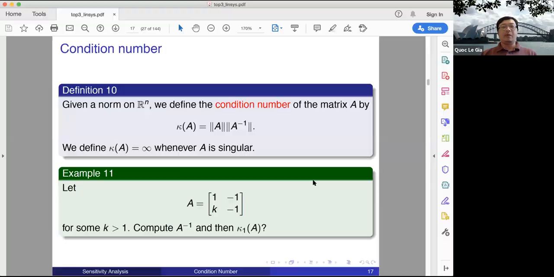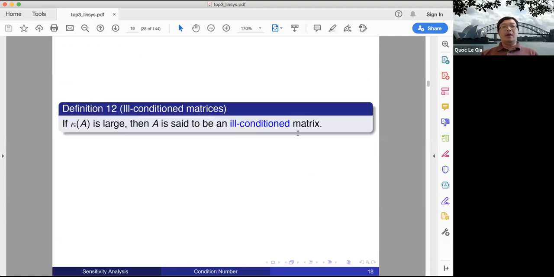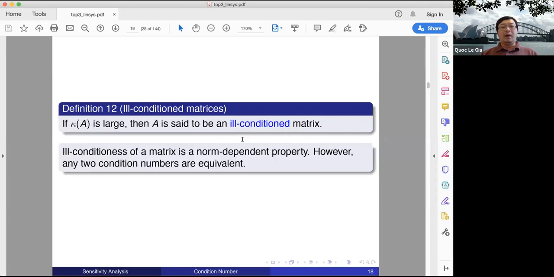Okay, so now the next slide will be, I mean, if the condition number is very big, then you say that it is an ill-conditioned matrix. Okay, so we say ill-conditioned when the condition number is like order 10 to the 8, 10 to the 9, 10 to the 10. Yeah, so when the condition number is like 100 or 1,000, it's still a well-conditioned matrix.